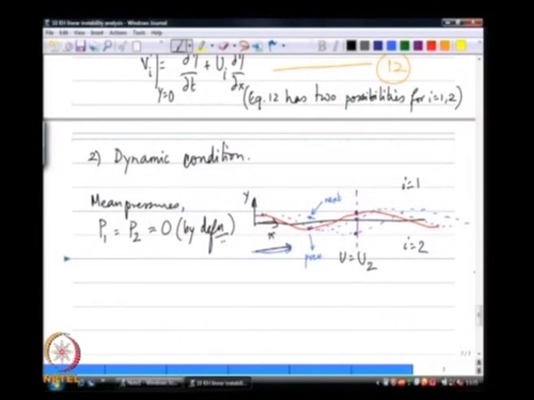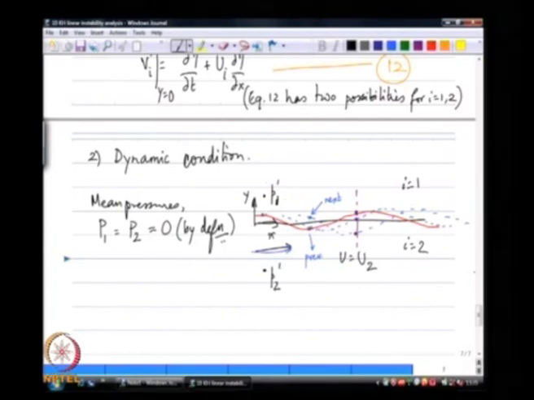So, now that I have a curved interface, the red line here in this figure, the perturbed versions of these pressures do not necessarily have to be equal. So, if I take P I prime or P 1 prime is the pressure on the fluid above, P 2 prime is the pressure in the fluid below, right.